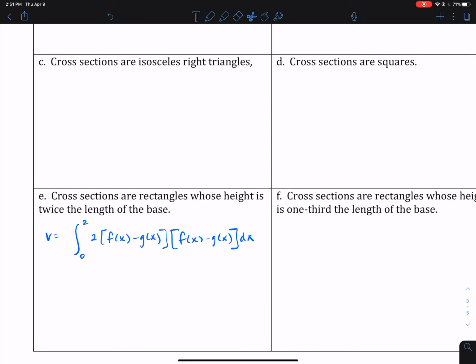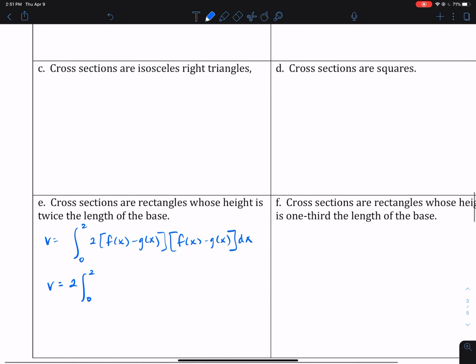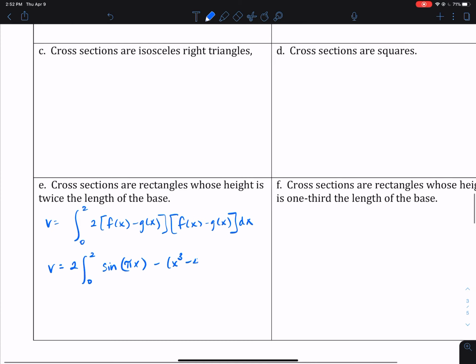Okay. What was it, sine of pi x minus x cubed minus 4x squared dx.